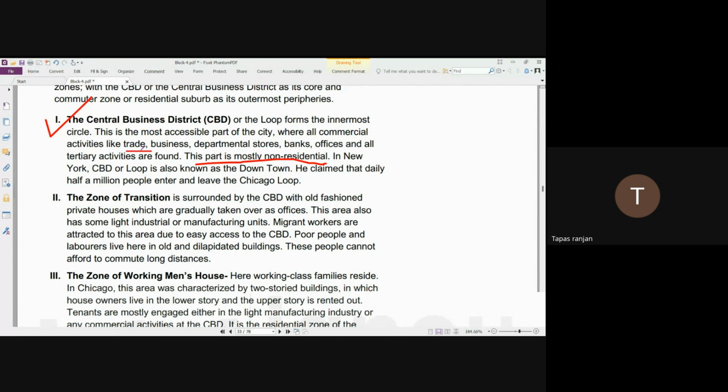Trade and business is the primary function performed by the CBD of any urban center. Then different departmental stores are also found there. You have different banks and offices. Now all the tertiary activities are found near the central business district. So that will be the central point of any urban center.